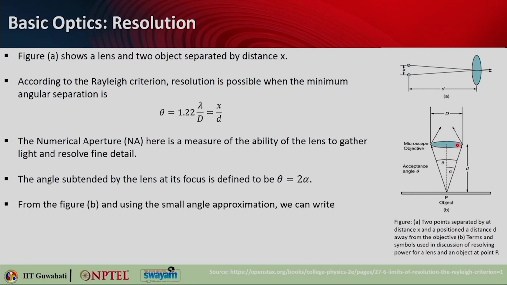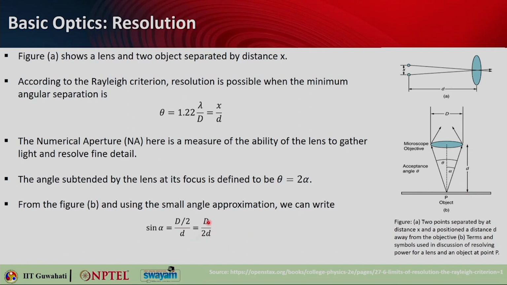So, the lens is accepting light at this angle theta, this particular cone. From this figure B, you can use the small angle approximation and write sin alpha equals capital D by 2 over this distance d.